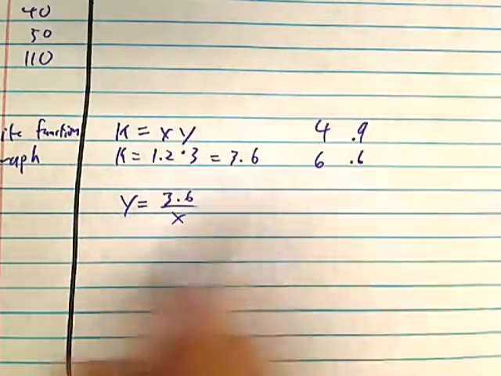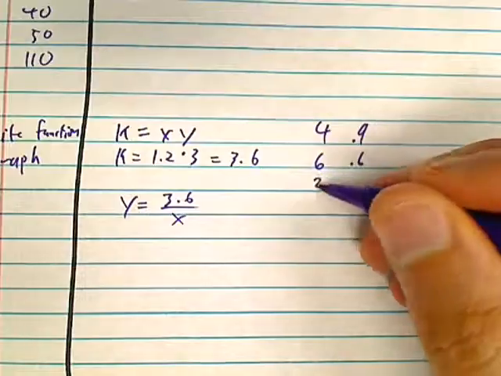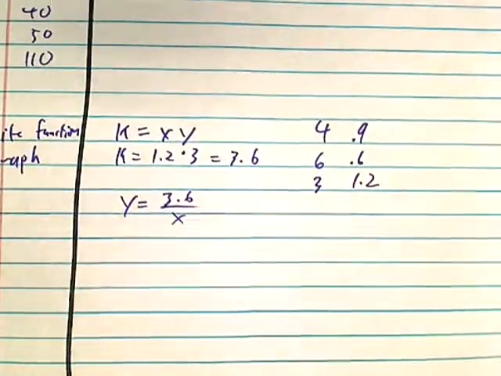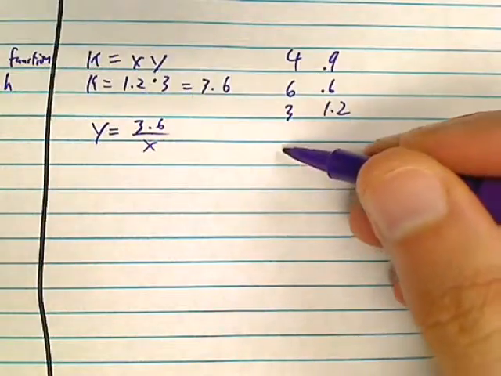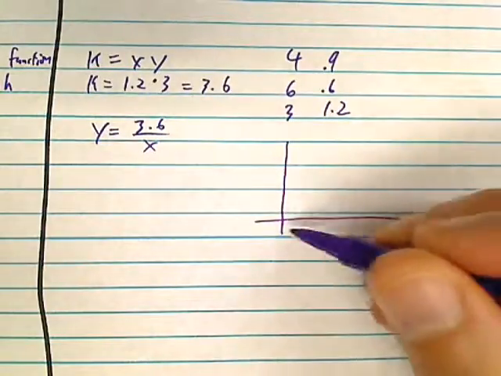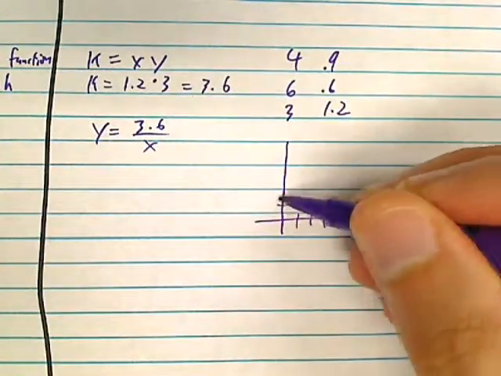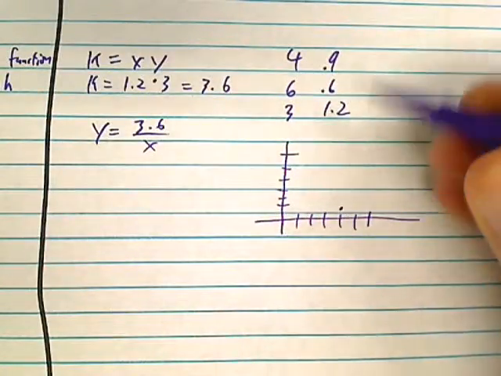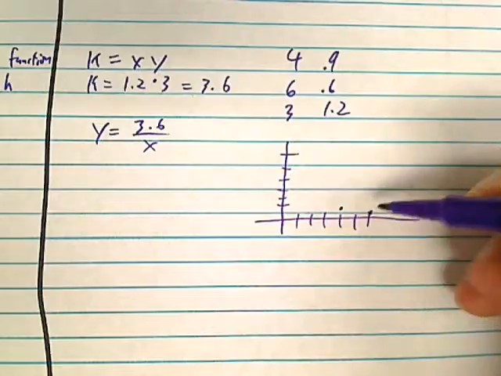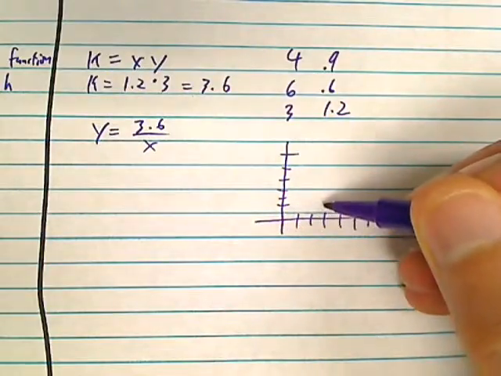Let me see what else is there. I guess we have 1.2 and 3. There we go. So let's go ahead and graph these points. So 4 and 0.9, 6 and 0.6, 3 and 1.2.